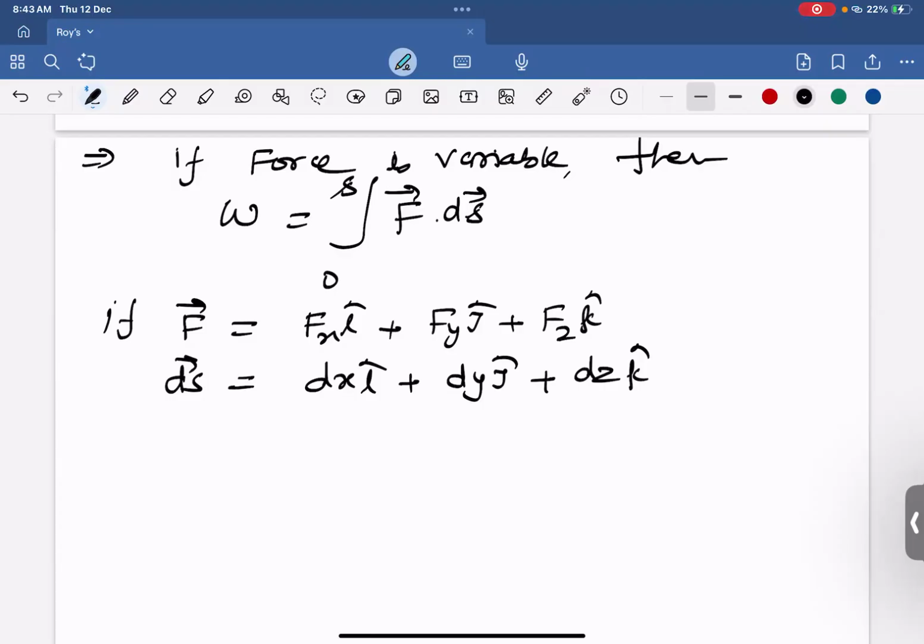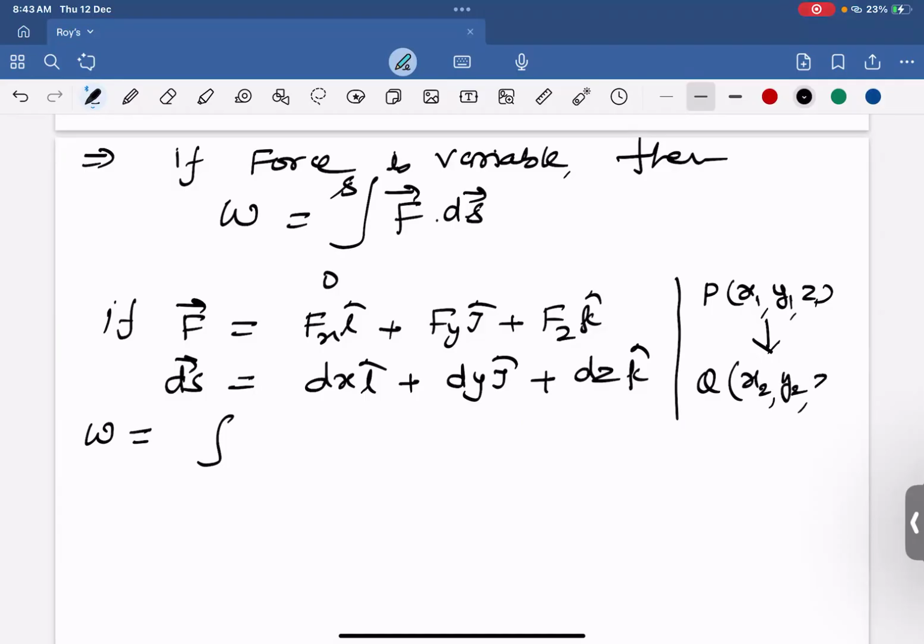So this formula I can write as work done equal to the integration of F dot ds, where the body is getting displaced from one point to another point. Let's suppose the body's initial coordinate was x1, y1, z1, and from there it got displaced to point Q having the coordinate x2, y2, and z2.